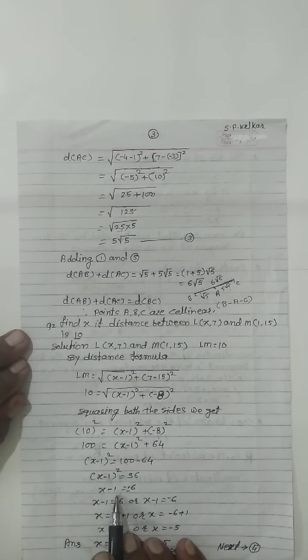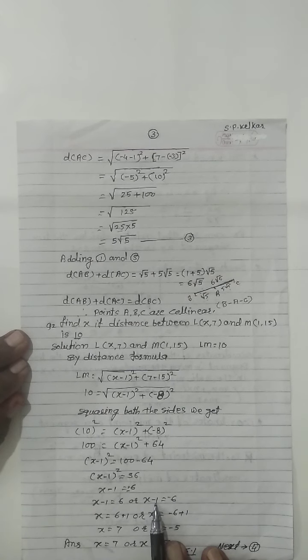Then we take the square root on both sides. So this square is cancelled, x minus 1. Then we get the square root of 36, plus or minus 6. Then x minus 1 equals 6 or x minus 1 equals minus 6. Then x equals, this minus 1 goes to the right side and changes its sign, so 6 plus 1, then x equals 7.